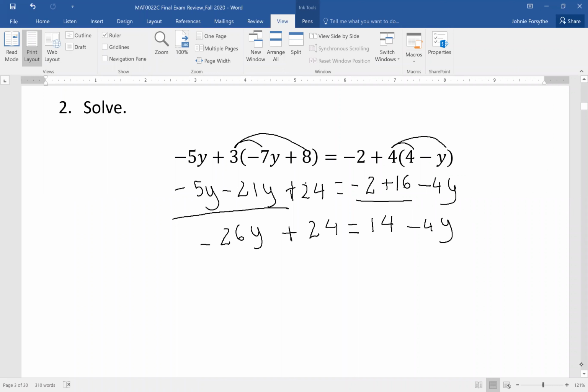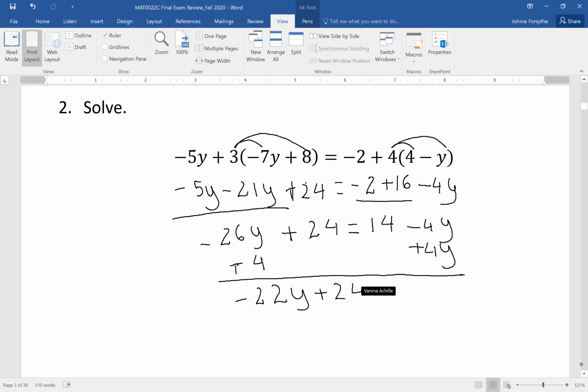Since they're not on the same side, I'm going to start by adding 4y to both sides. So this gives me negative 22y, bring down the 24, equals 14. This one cancels. Now I'm going to subtract the 24 so I can have it together with the other like term, the 14.